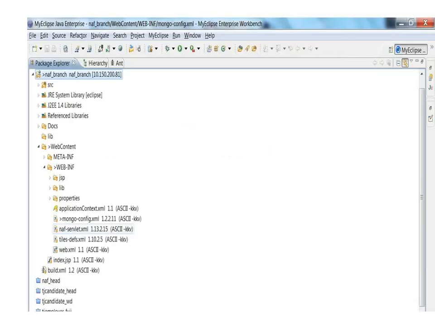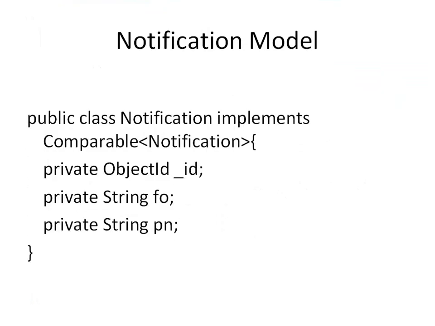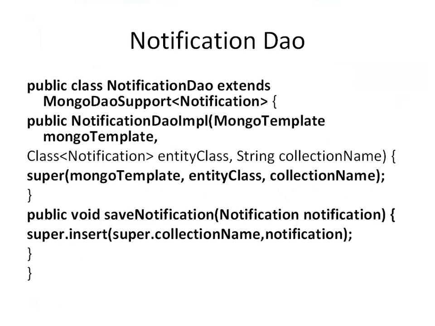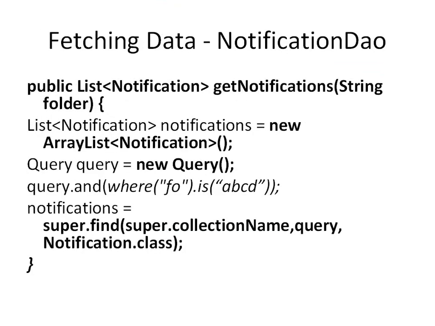We have seen how to integrate Mongo with Java, how to do basic CRUD operations, and we have seen inserting a document and fetching a document. So that is all regarding MongoDB.